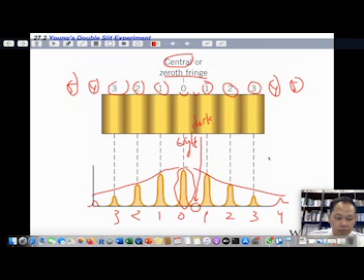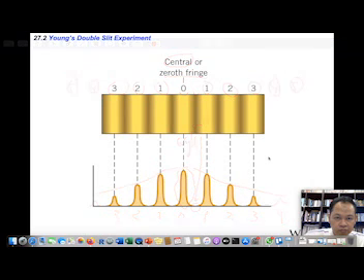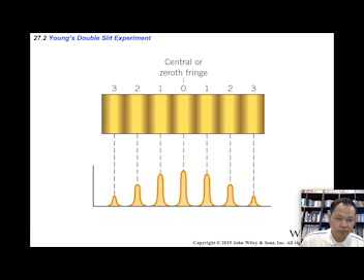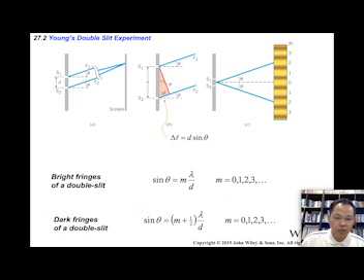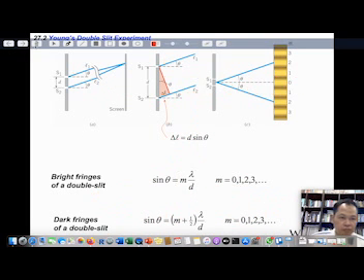Okay, let's continue to the next slide. Okay, what happened from this experiment? You can expect the double slit experiment.